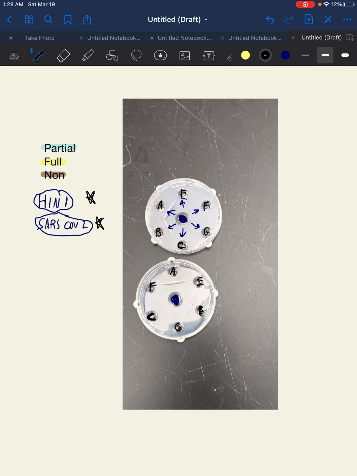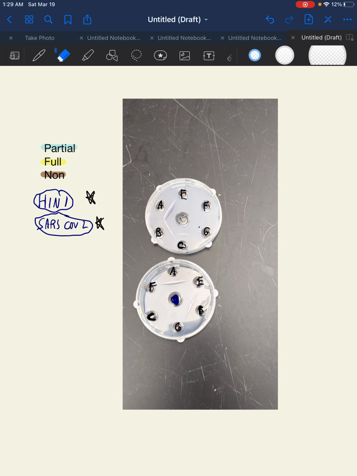If we used an antibody that didn't have bind specificity towards either of those antigens, then we would have a problem and this lab would be useless. And we would know that H1N1 or SARS-CoV-2 was not present on the dish. However, we know that our antibody utilized in the lab had bind specificity towards SARS-CoV-2. Now, this bind specificity will only form precipitate in the wells that contain SARS-CoV-2.